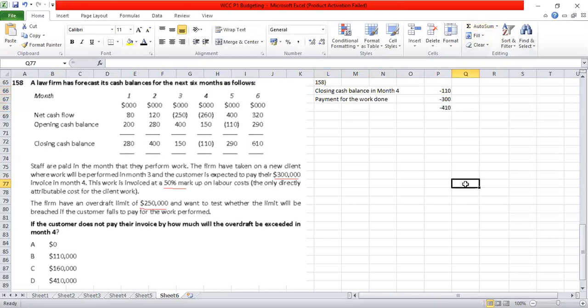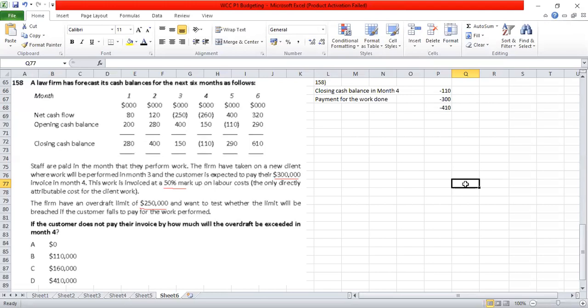So they have a negative cash balance of 410. But the bank will allow them to overdraw only to the extent of 250. The question says, by how much will the overdraft be exceeded in month 4? Overdraft facility is only till 250.